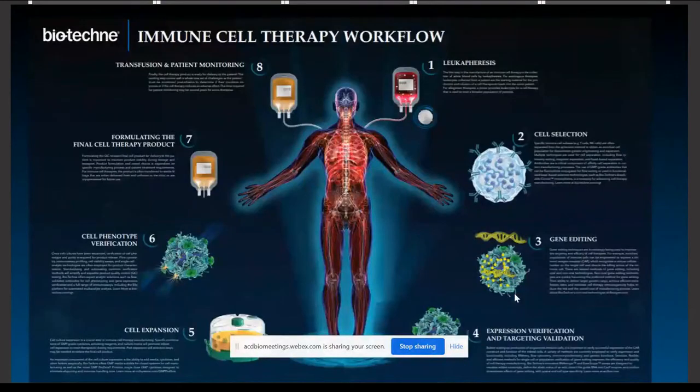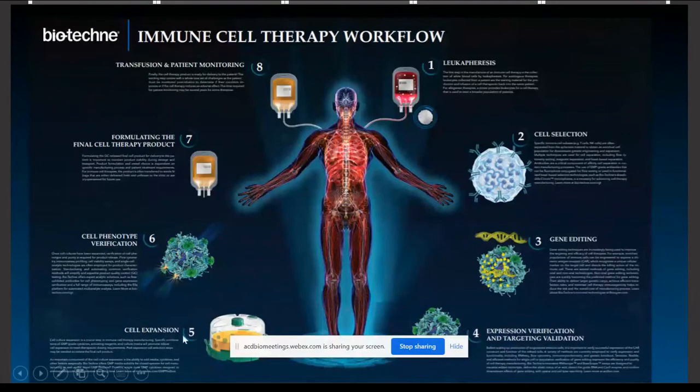So this is our immune cell therapy workflow that we look at. This is starting from the beginning with the leukapheresis packs and how this process plays out and how we impact each of these processes. This then gets into a cell selection operation, and then gene editing, where we have B-Magen tools to help with the editing.